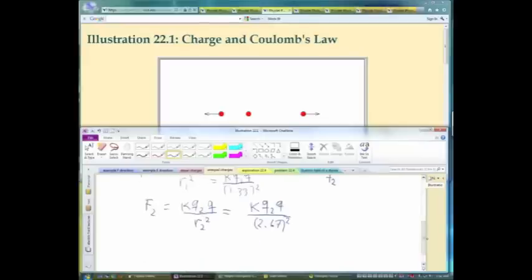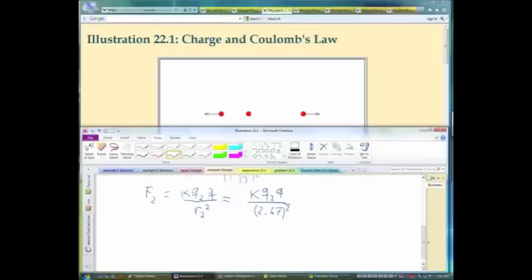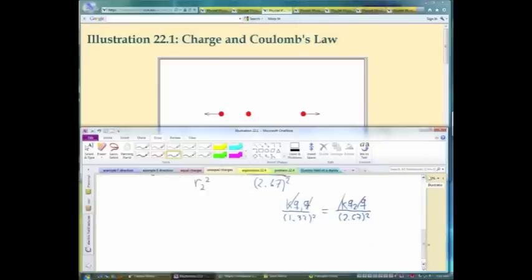Okay, so now we're ready to calculate the ratio, right? Because now we say that F1 should be equal to F2. So K Q1 Q over 1.33 squared should be equal to K Q2 Q divided by 2.67 squared. Right? K here and here cancels. Q here and here would cancel.